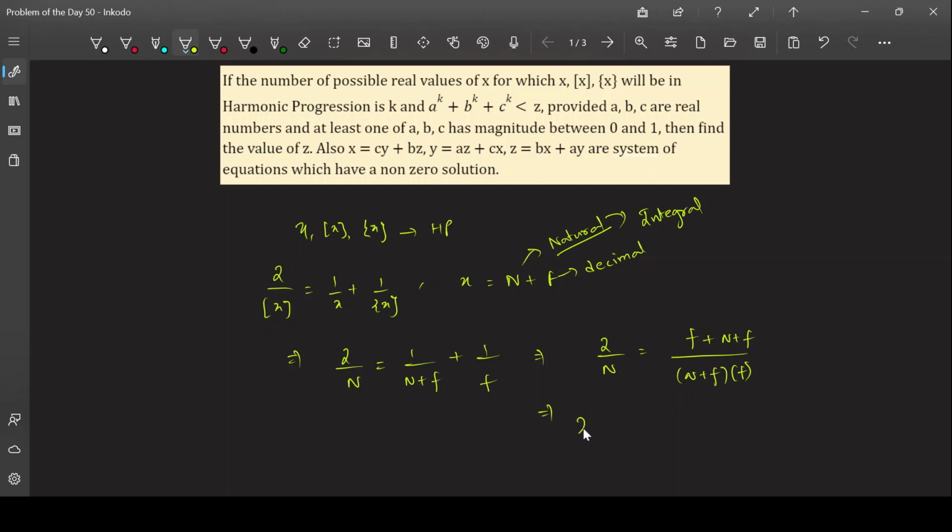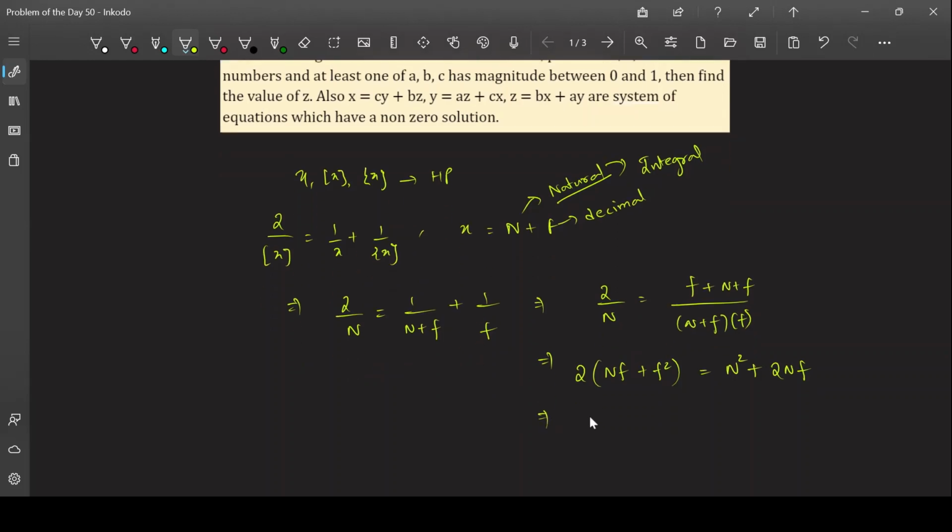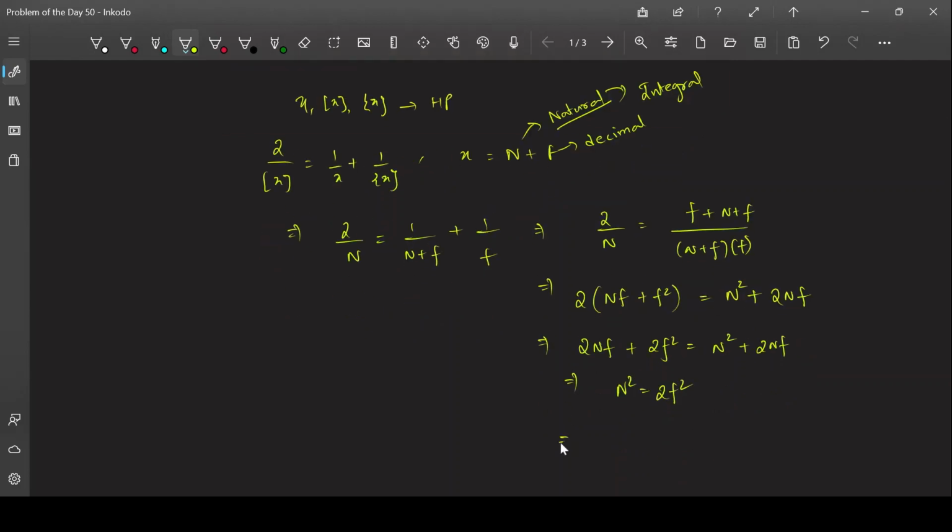Cross multiplying, 2 times (nf plus f^2) is equal to n^2 plus 2nf, and we can see some terms getting cancelled. 2nf plus 2f^2 is equal to n^2 plus 2nf. So 2nf and 2nf get cancelled, and we are left with n^2 is equal to 2f^2. So f is equal to n by root 2.